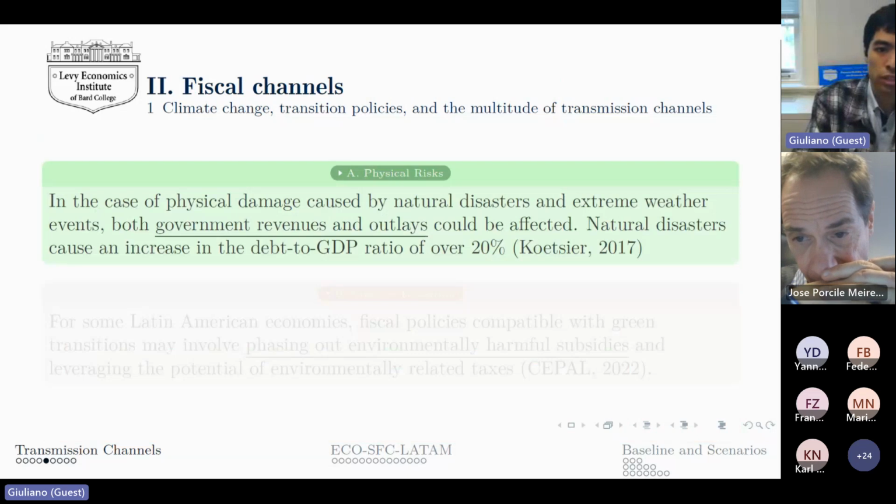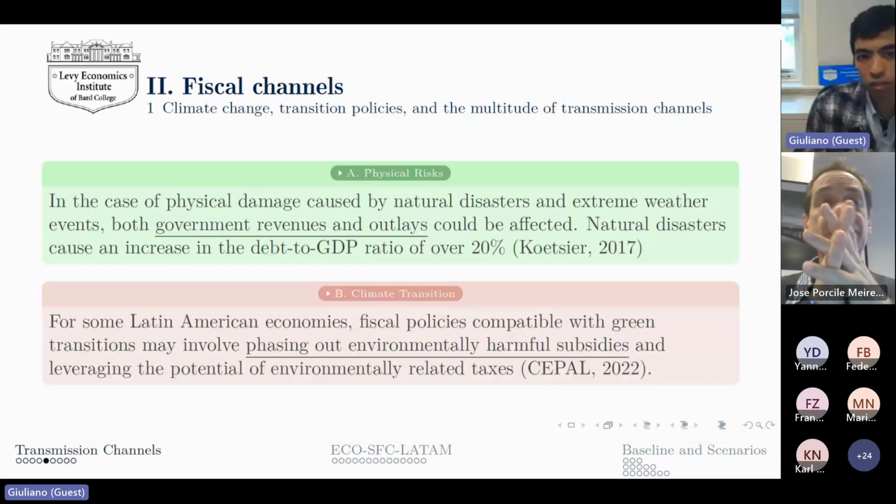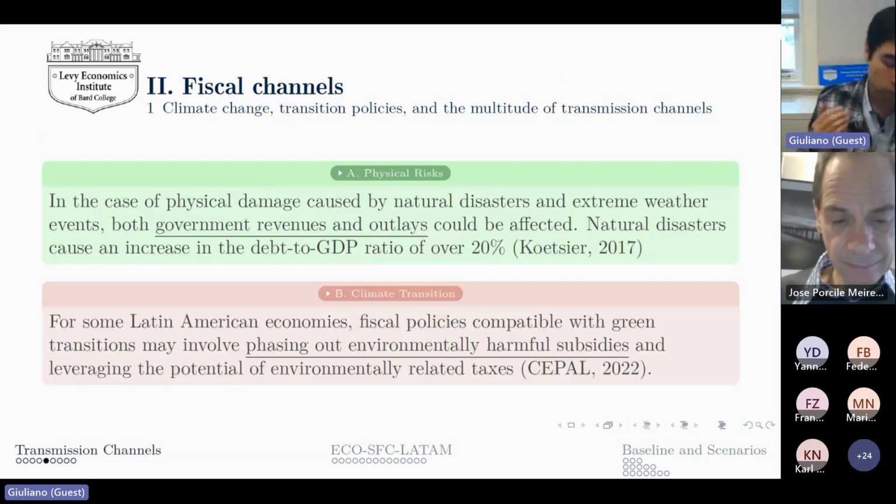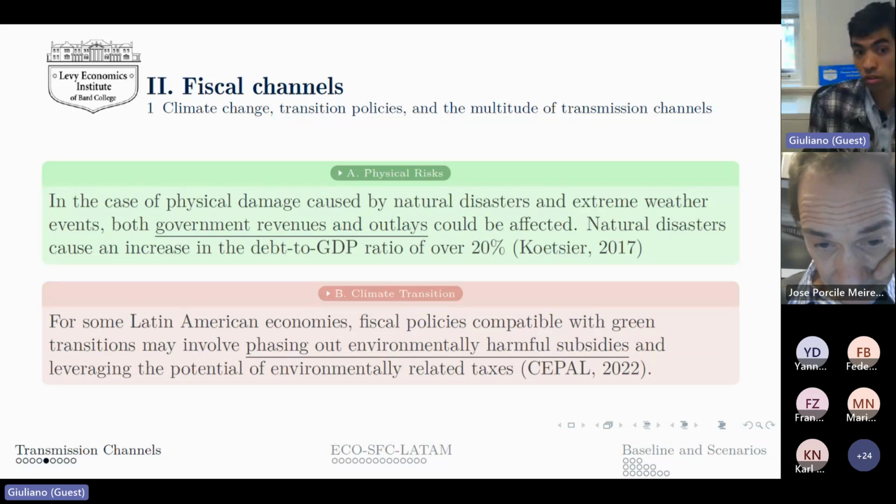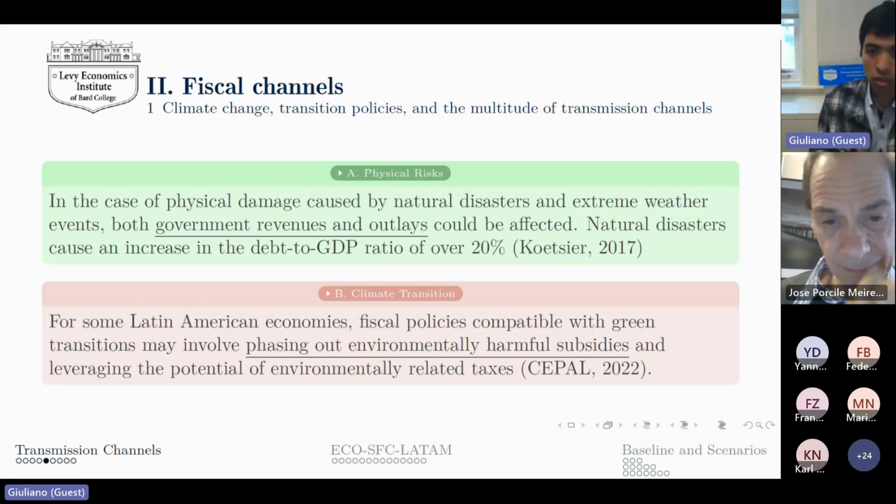As for the fiscal channels, from the standpoint of the physical risk, of course, this physical damage may affect both government revenues and outlays.